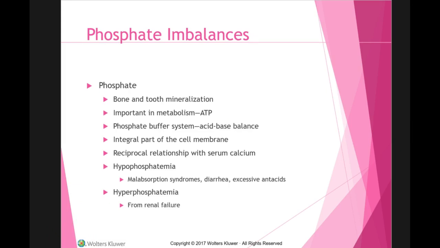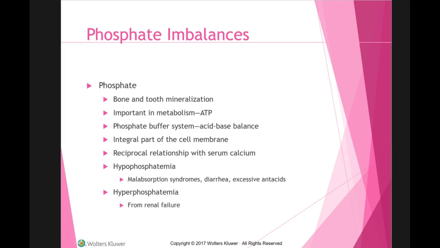So phosphate ions are located primarily in the bone, but circulate in both the intra and extracellular fluids. It's important in a variety of circumstances, and bone and tooth mineralization are the main ones that come to mind, but they're also important in metabolic processes.